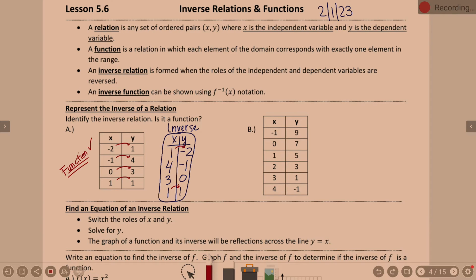So does each element of the domain correspond with exactly one element in the range? No, that 1 repeats. It pairs with 2 different range values, so this one is not a function. Okay, so your inverse is not a function. The original was a function.